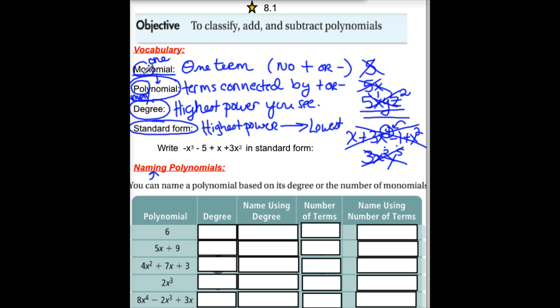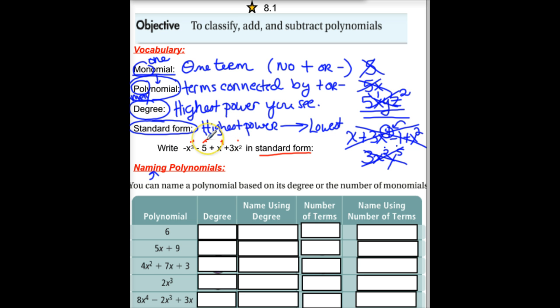So let's take a look at what we've got here. We have a 1, 2, 3, 4-termed polynomial. It is not in standard form because I have to start with the highest power I see. This is third, this is first, this is second.